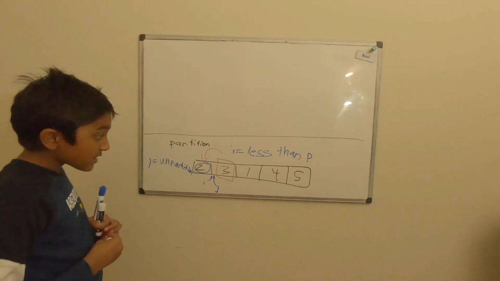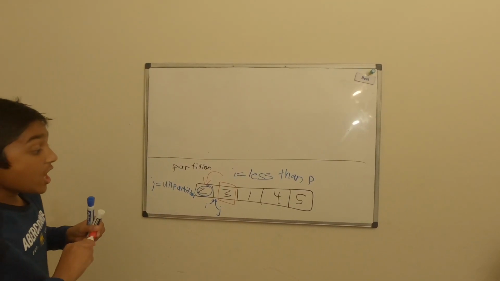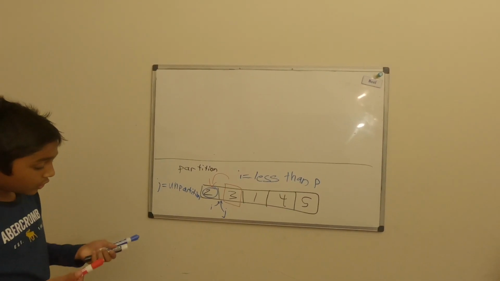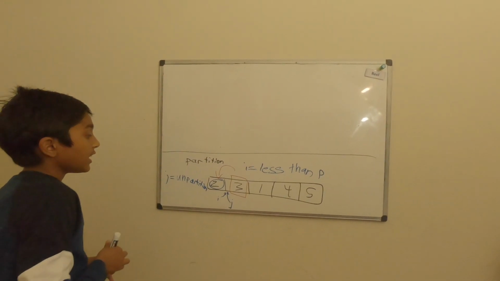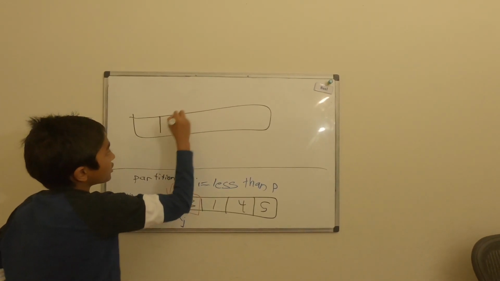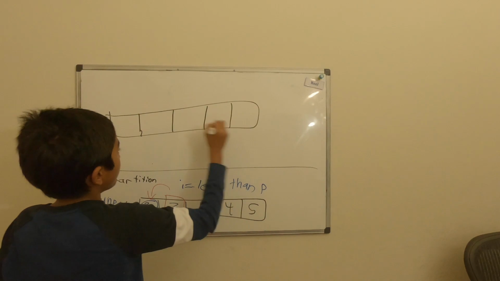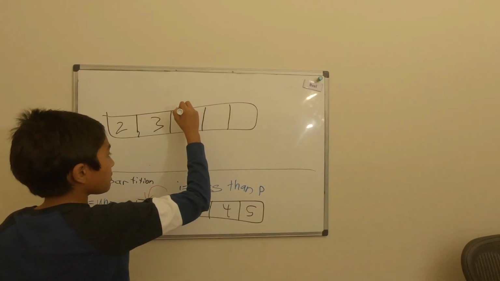Obviously, as we see, 3 is bigger than 2. So what we do here is that we won't actually be changing our list at all or doing any of those swaps.